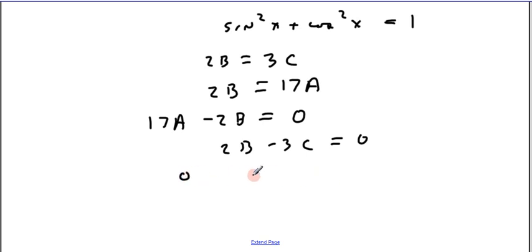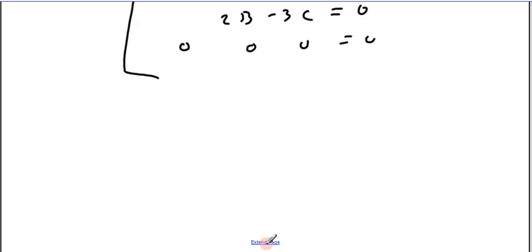I'm going to put in 0, 0, 0 on the other third. So I have 3 equations, 2 equations, 3 unknowns. Okay, so I'm going to put that in my calculator and see what that gives me.